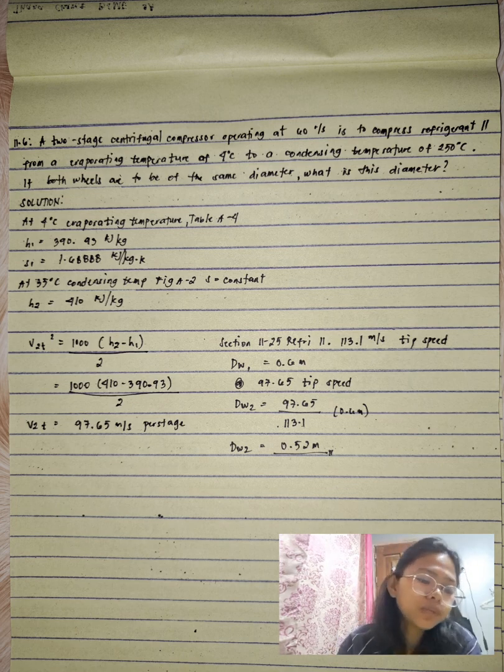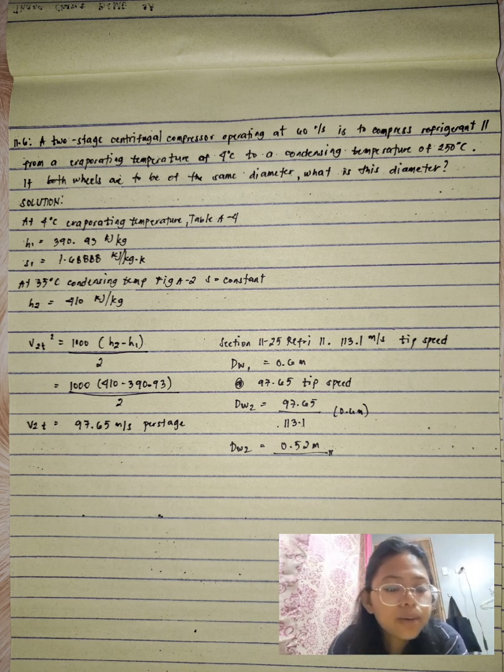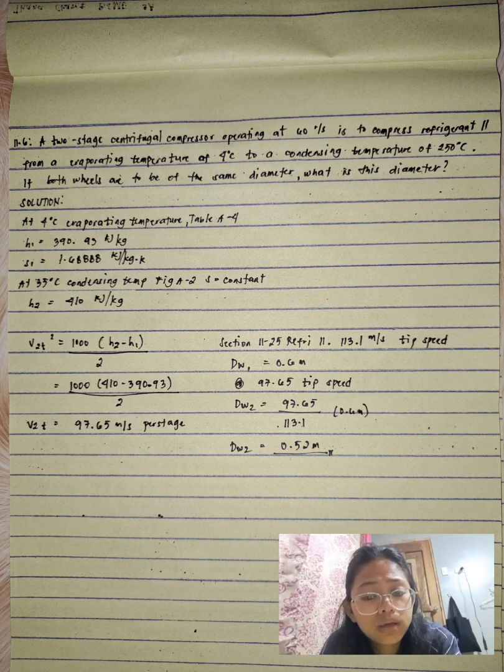So, solution. At 4 degrees Celsius evaporating temperature from table A-4, H1 is equal to 390.93 kilojoule per kilogram. S1 is equal to 1.68888 kilojoule per kilogram K. So, at 35 degrees condensing temperature from figure A-2, S is equal to constant. H2 is equal to 410 kilojoule per kilogram.